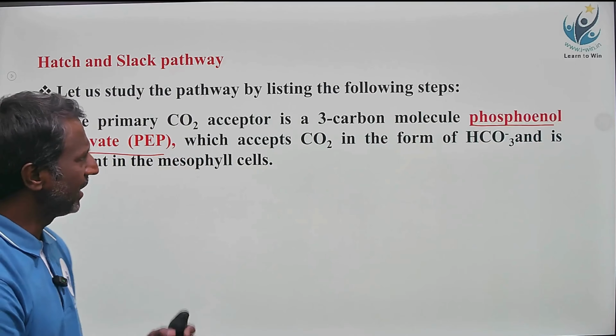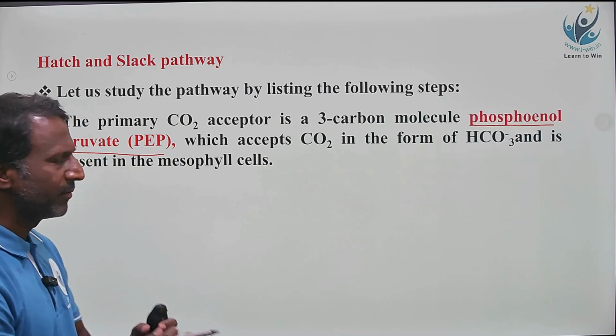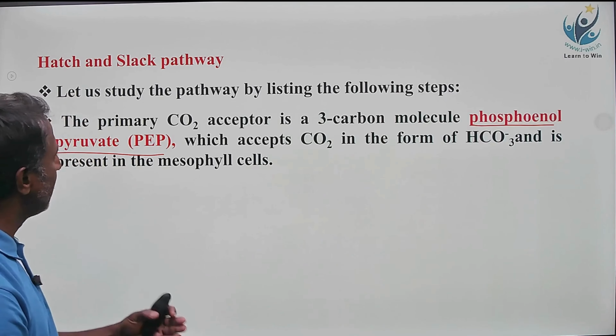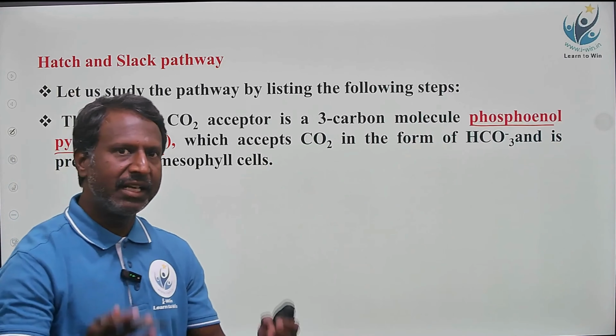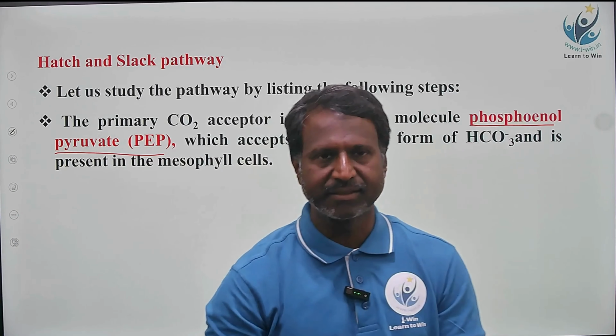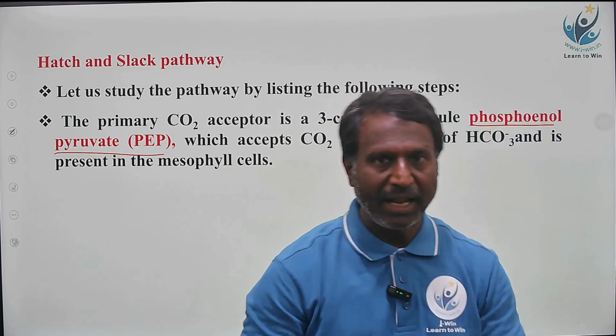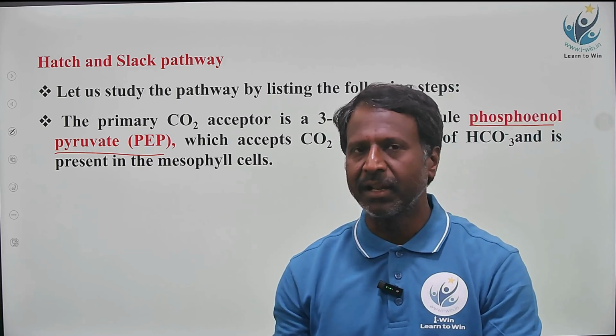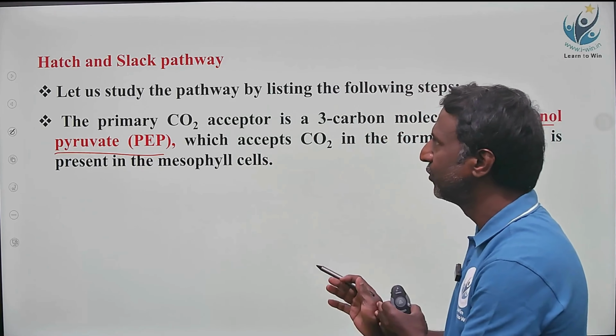You need to understand that this is the first acceptor, the primary CO2 acceptor, in some of the plants. But in some other plants, there are two types of plants that I am not going to discuss here. I am just discussing the C4 plants.